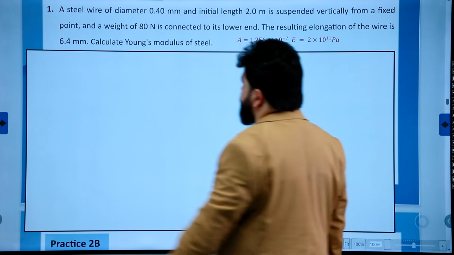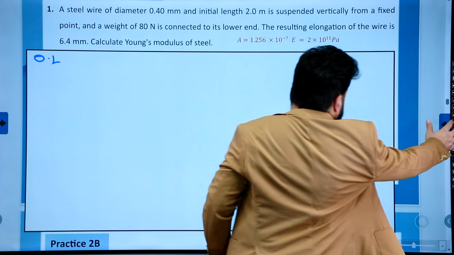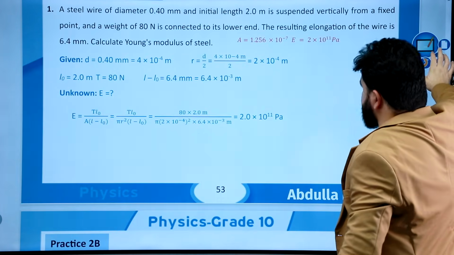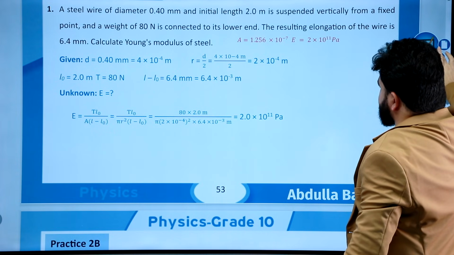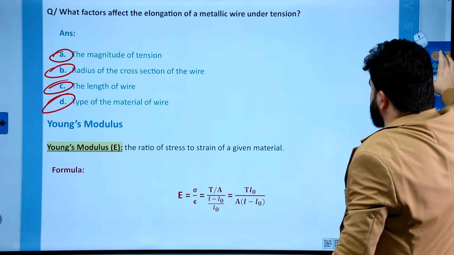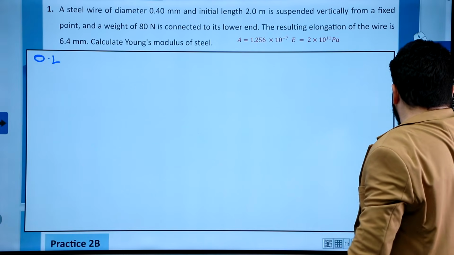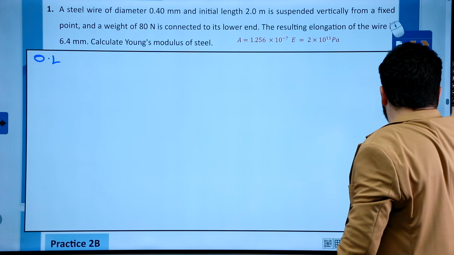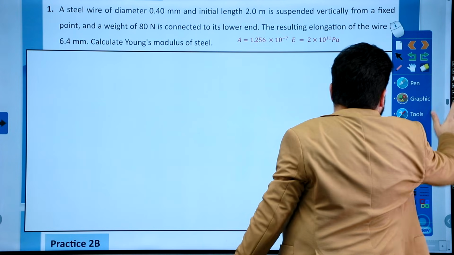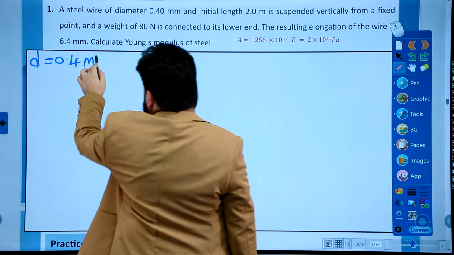It says a steel wire has a diameter of 0.4 millimeter.